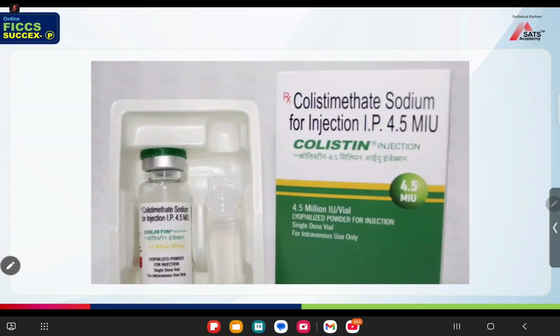Name the medication group, and which organisms it will not cover. Ma'am, this is colistimethate sodium, and it belongs to the polymyxin group.